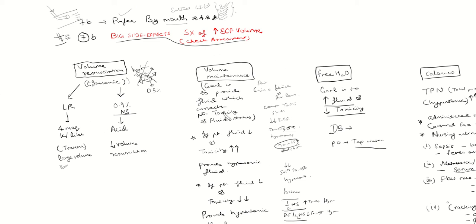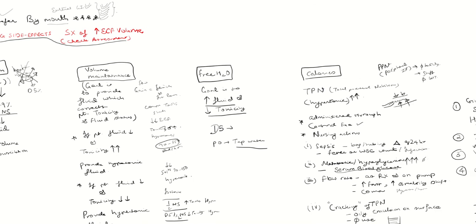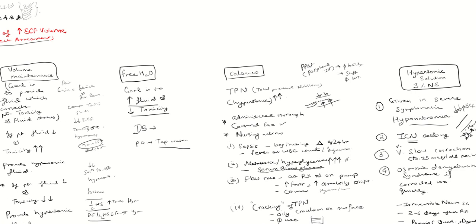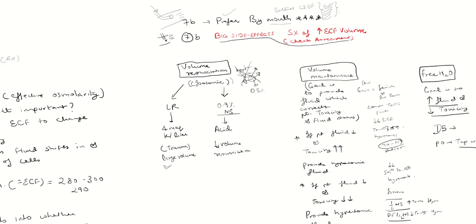Fluid maintenance: making sure over a longer period of time gain equals loss. Free water. Calories. And last but not the least, there's an exception which is giving hypertonic solution of 3% sodium for hyponatremia, which is severe and symptomatic.